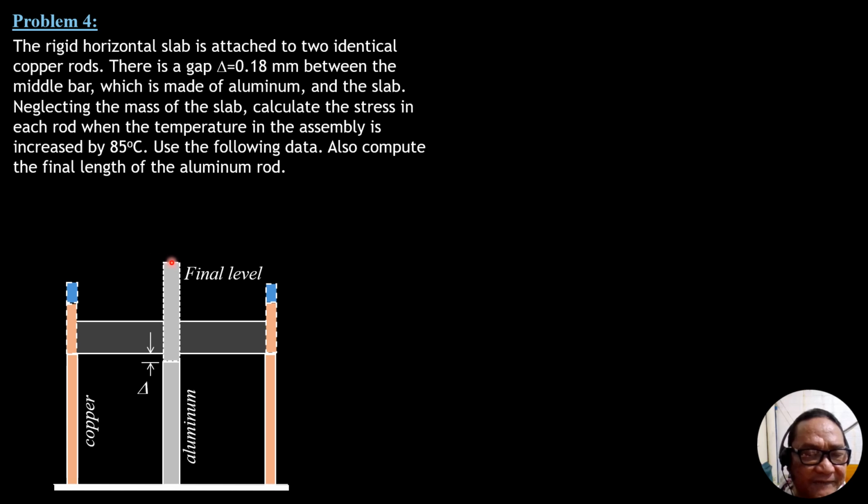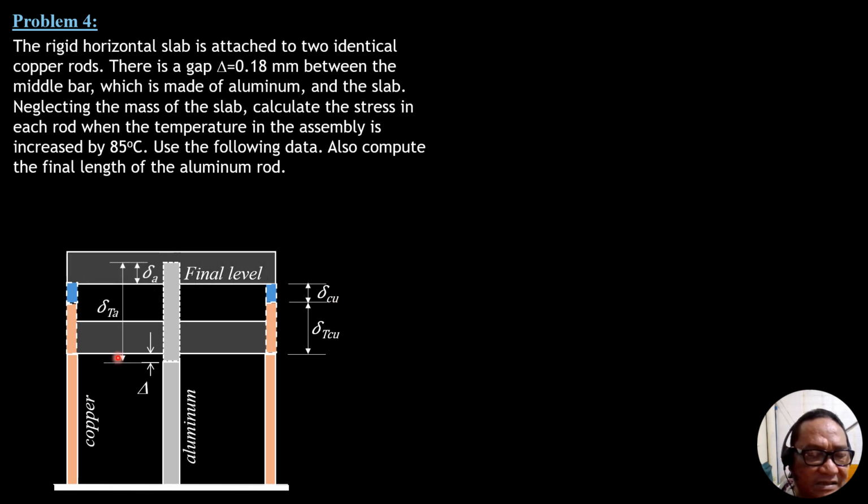And the distance from the final end to this final level here would be the deformation due to compressive stress in the aluminum bar as shown. So this is the deformation due to temperature in copper. This is the deformation due to stress in copper, tensile stress in copper.